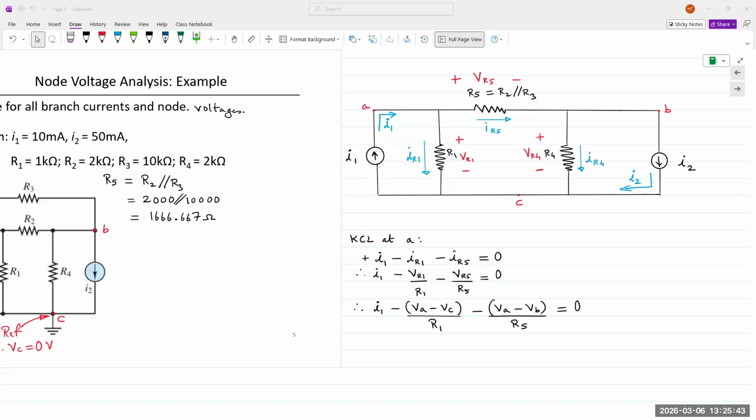First step, write the KCL using the branch currents. Second step, apply Ohm's law. Third step, express in terms of the node voltages. You follow these 3 steps, you can solve any circuit.